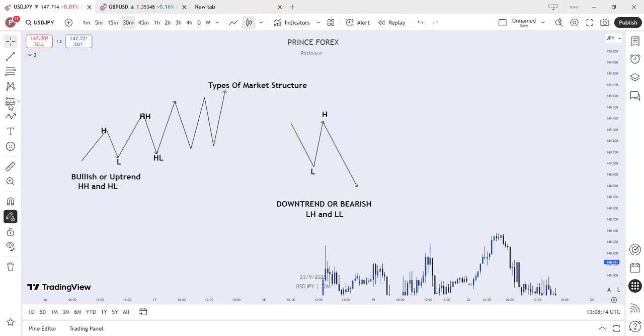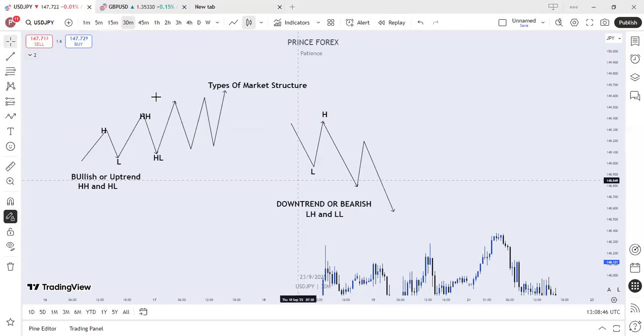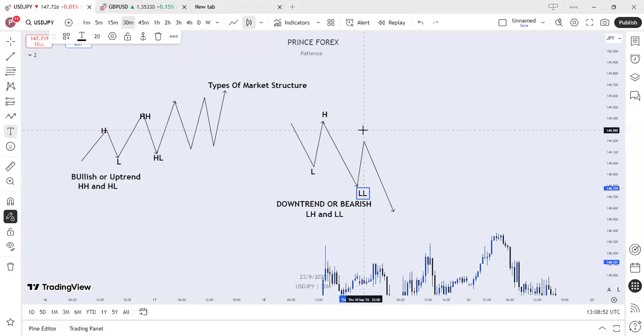For every downtrend, price creates something like this. So this particular high here shouldn't be higher than this, since the characteristic says that the next high should be a lower high, which means this next high here should be lower than this particular high here, right? So price will create a lower high here. And then after creating that lower high over there, so this is a V-shaped, which is a low, but that low is now called a lower low. And then this is a high, and it is now called a lower high.